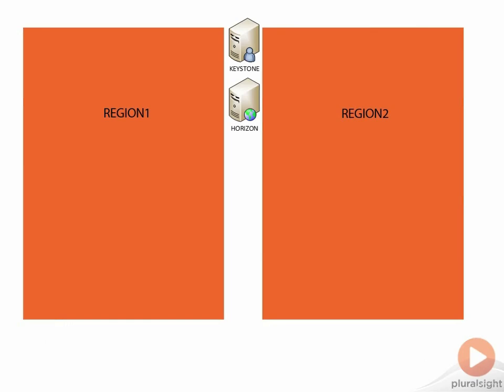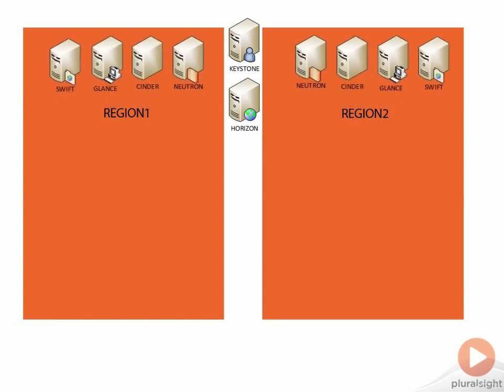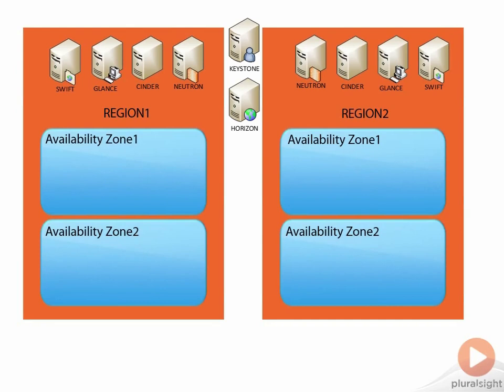Inside each of our regions, we provision endpoints to provide services into those regions. So you'll notice at this point we have similar services in each region. So we have specific endpoints that are allocated to be able to provide services into these logical regions. Inside those regions, we also have our availability zones.